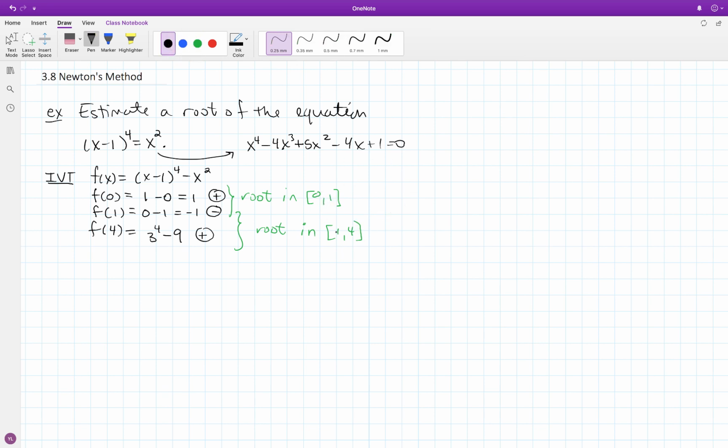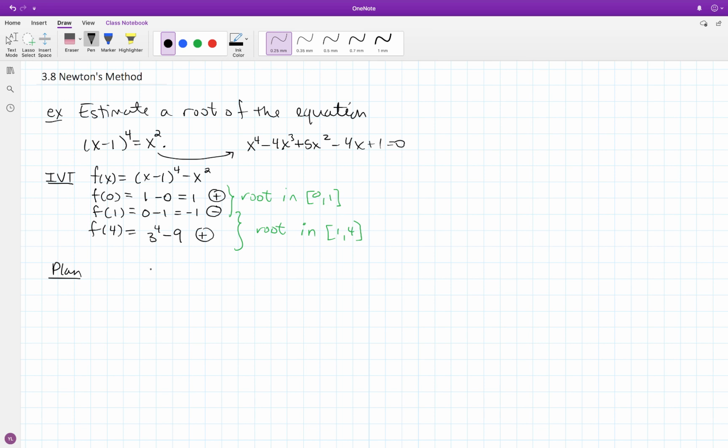So what Newton's method is going to give us is a better estimation for this root than just that it's somewhere between 0 and 1. I could repeatedly apply the intermediate value theorem, like plugging in 1/2 to see whether it's positive or negative, to get a sequence of better approximations.